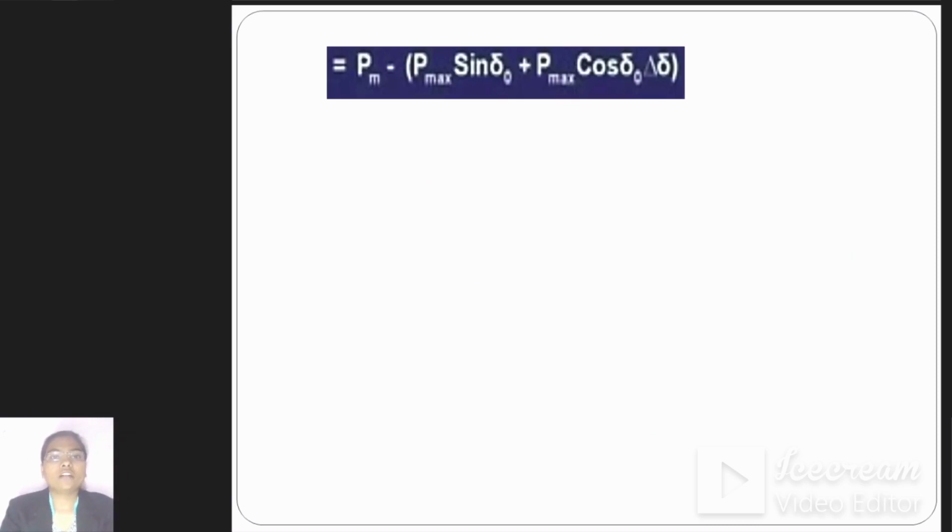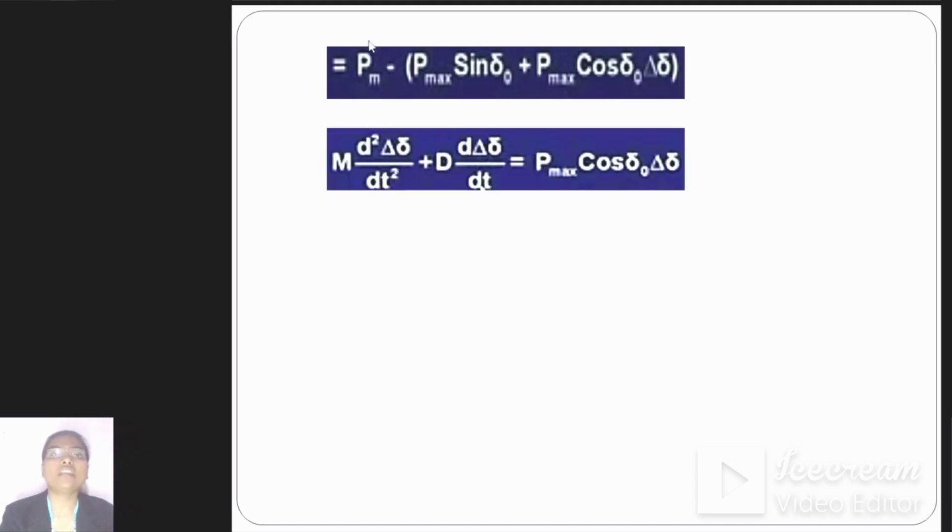Now removing the mechanical input term and keeping only the changed parameters, we get M d squared delta delta by dt squared plus capital D d delta delta by dt equal to minus P max cos delta 0 into delta delta.